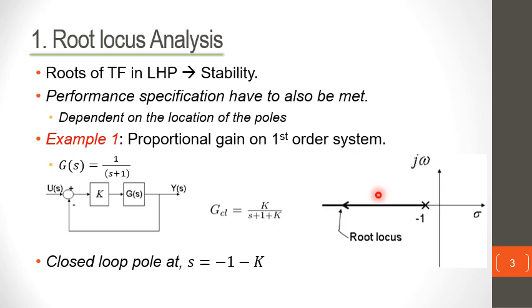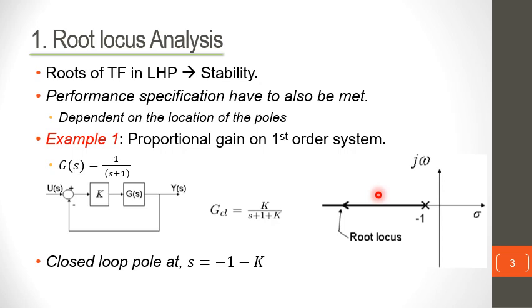We have seen, for instance, that in a second order system, you can talk about performance specifications in terms of rise time, peak overshoot, settling time, and the likes. So performance specifications have to be met, and they are important.